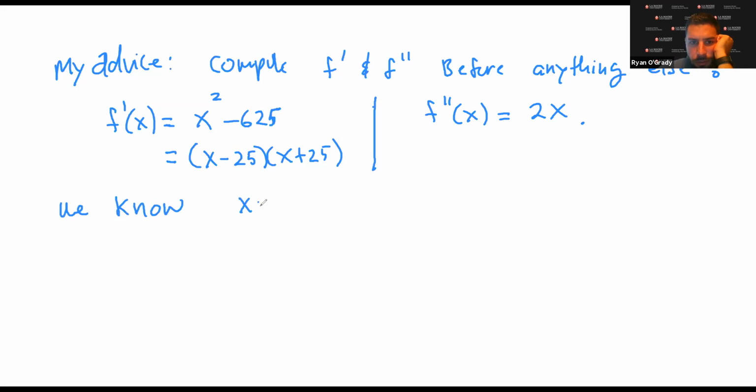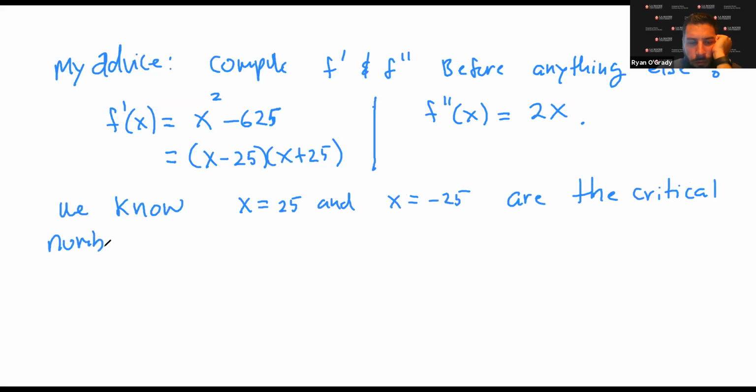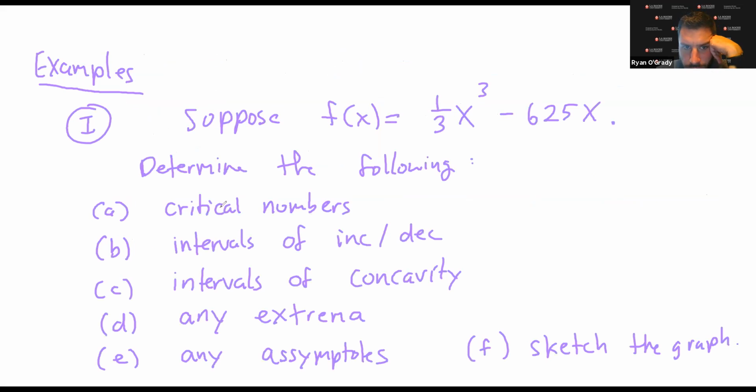So we know x equals 25 and x equals negative 25 are the critical numbers, also known as the candidates for extrema. So if you go back to the previous page, you'll see that we've answered part A.